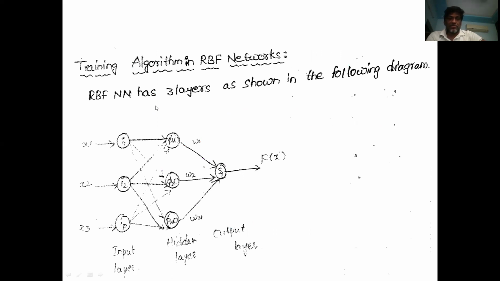As I explained earlier, an RBF neural network contains three layers: input layer, hidden layer, and output layer with one output neuron. Assume that the inputs given to the input layer are x1, x2, x3, and the input neurons in the input layer are I1, I2, and so on up to Ip. You can have any number of input neurons based on the size of the input pattern given.